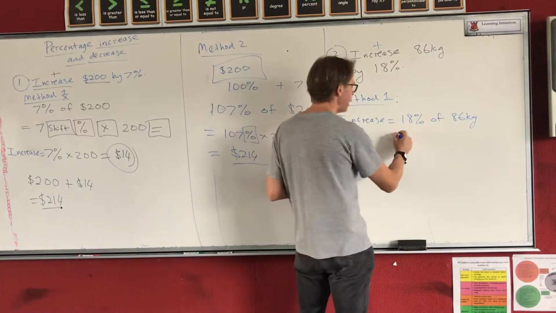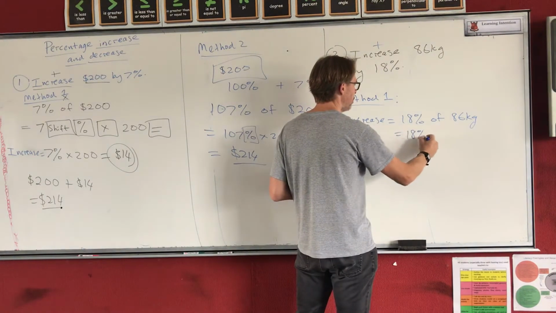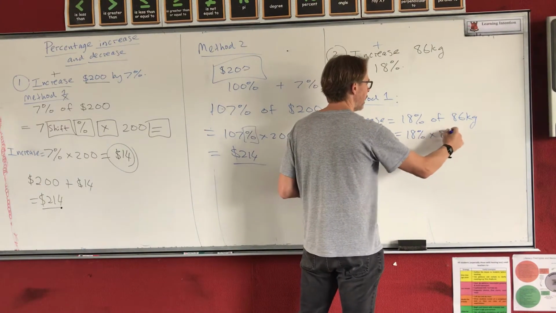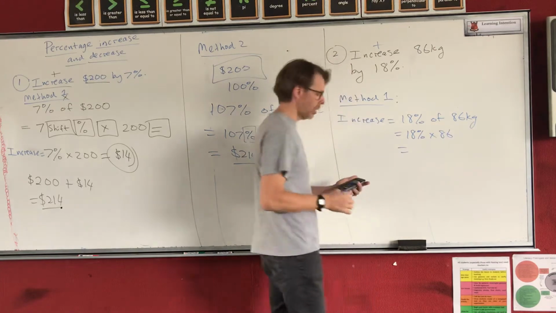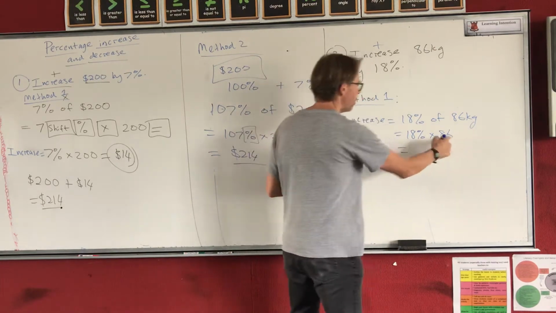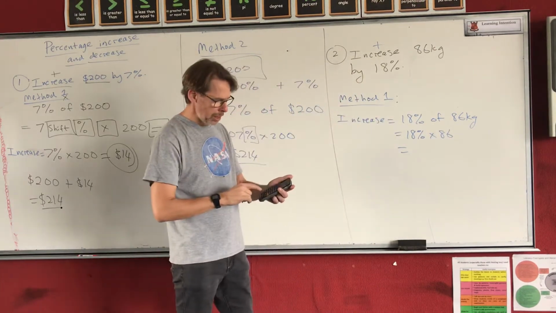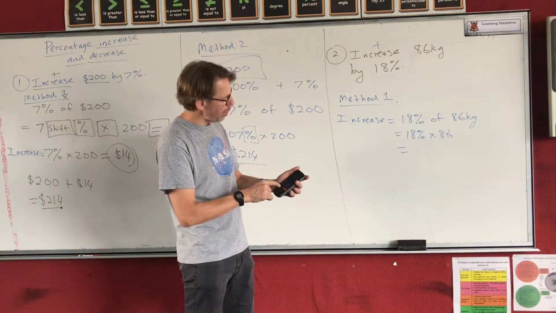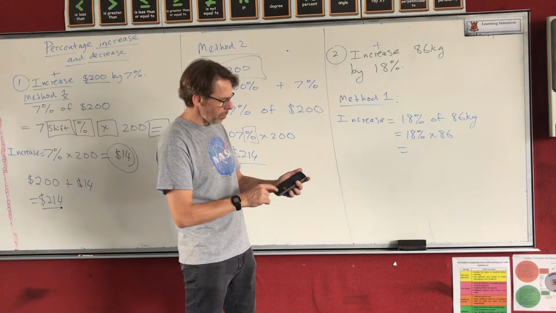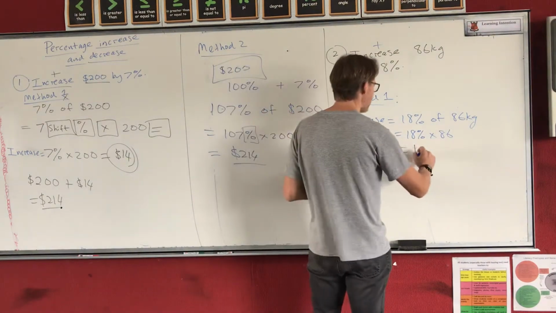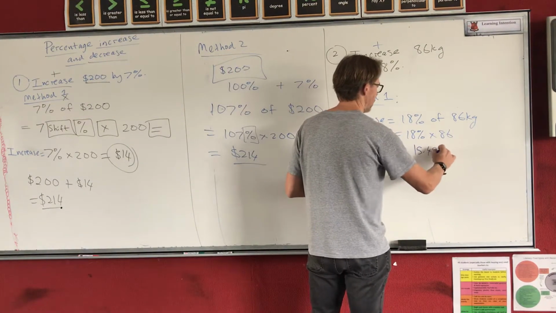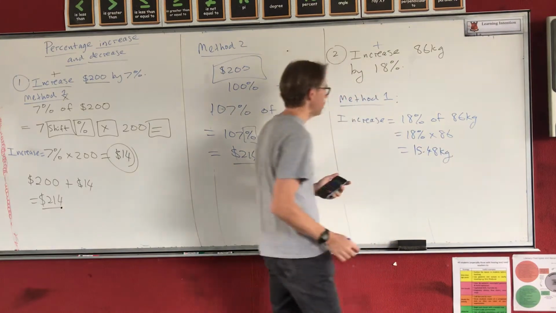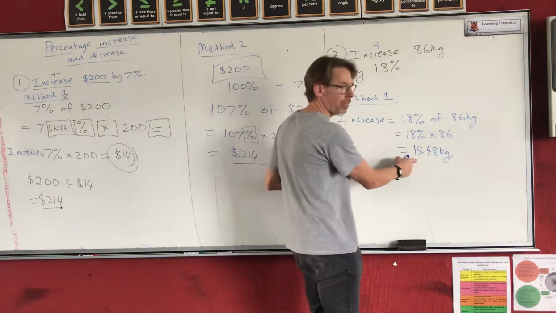In your calculator, you'll type in 18% times 86, and you just put 86 into your calculator. So 18, shift, percent, times 86 equals 15.48 kilograms. That's the amount of increase.